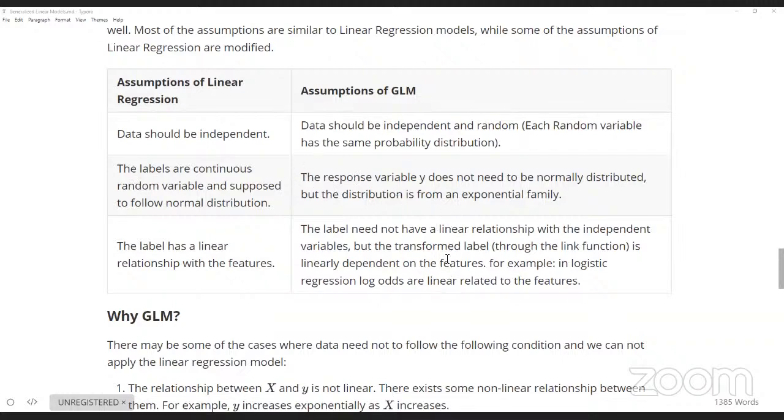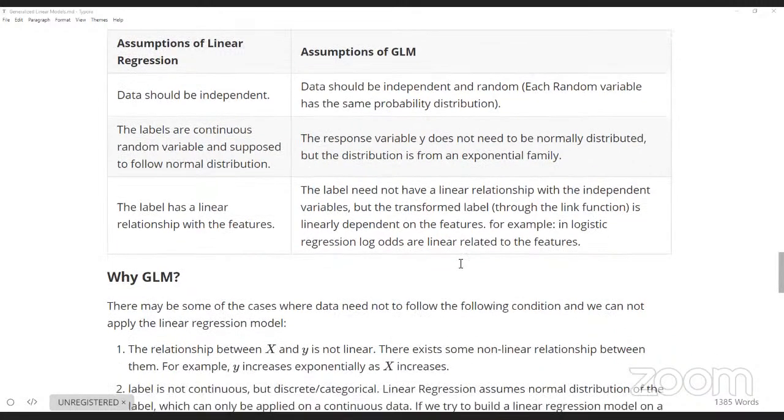Second, we assume the transformed label, and identity is also a transform, so the labels have a linear relationship with the features. So linear regression's assumptions are followed by the GLM assumptions, and linear regression is a part of GLM. Both linear regression and logistic regression are standard cases of GLM.